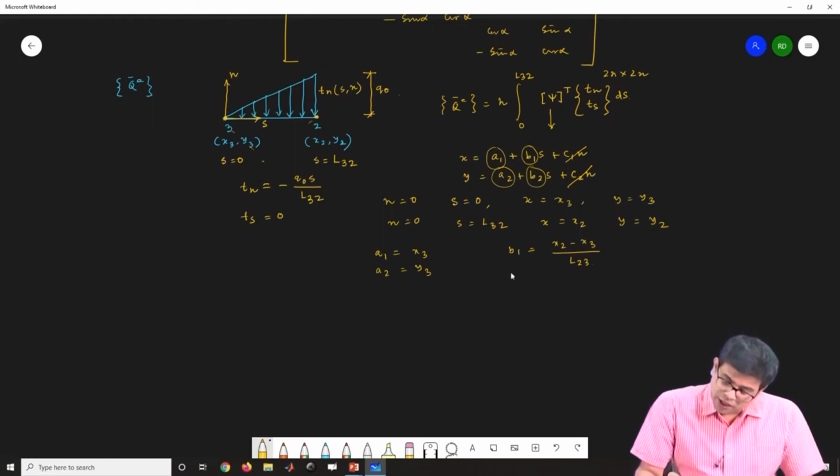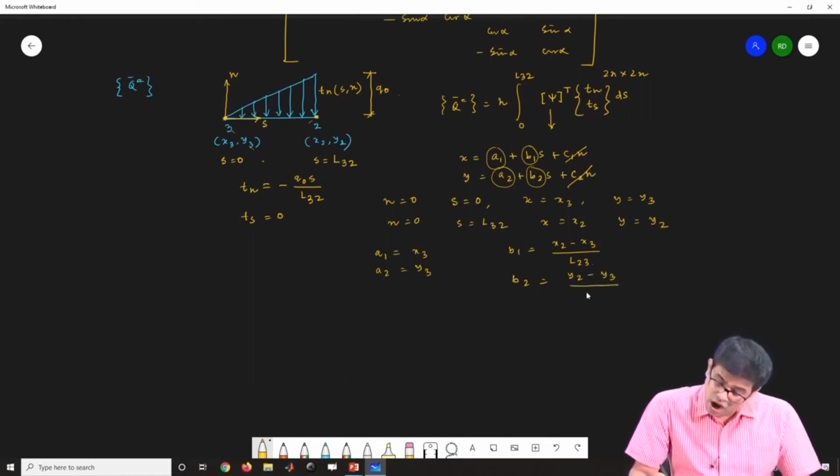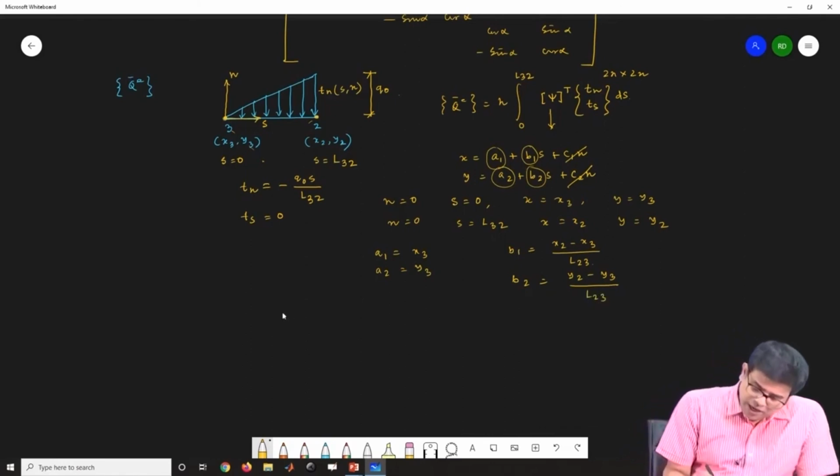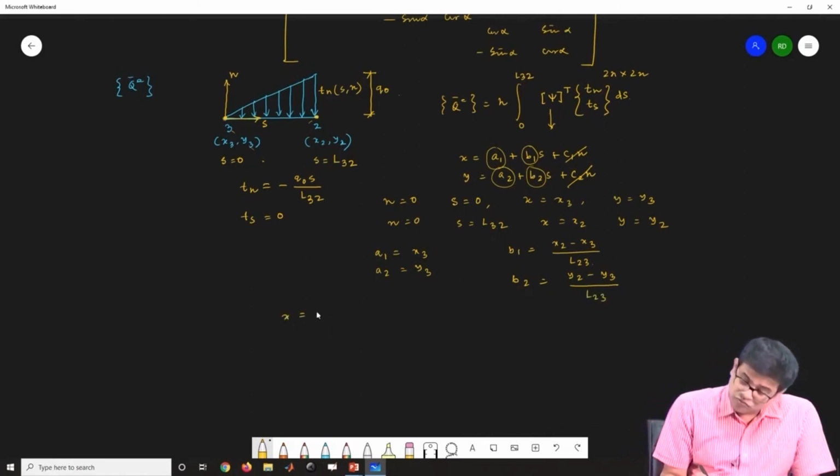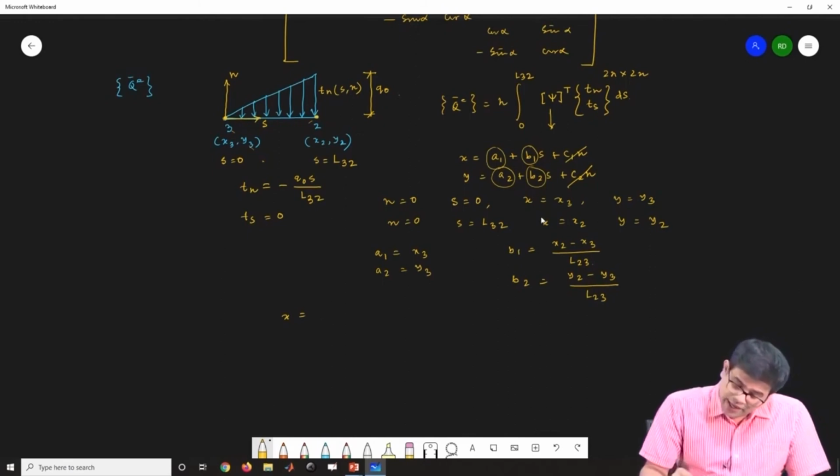So that is my b1, and similarly b2 will be y2 minus y3 by L23, right? So now my x I can simply write as x3 plus b1, that is x2 minus x3 by L23 into s. So basically it is x3 into 1 minus s by L23 and plus x2 into s by L23.